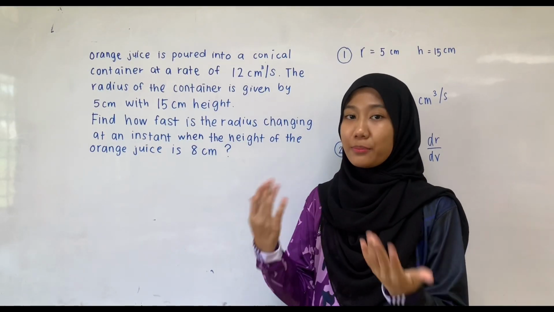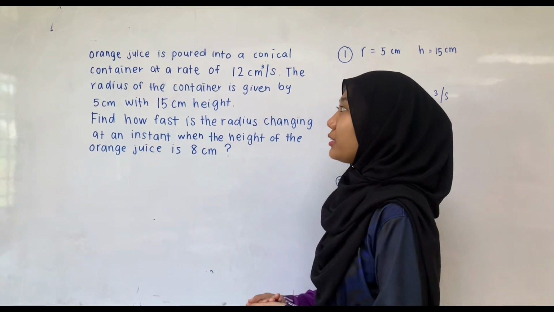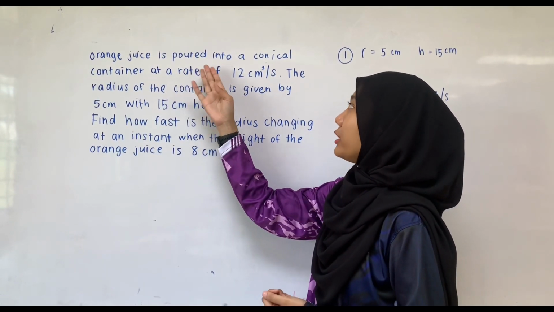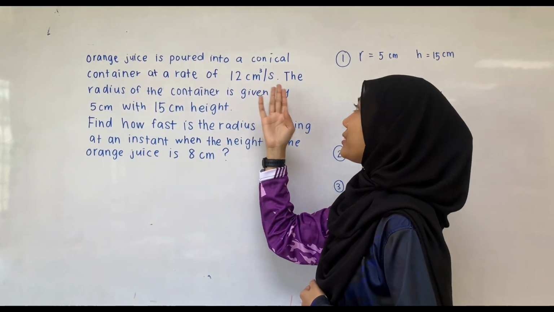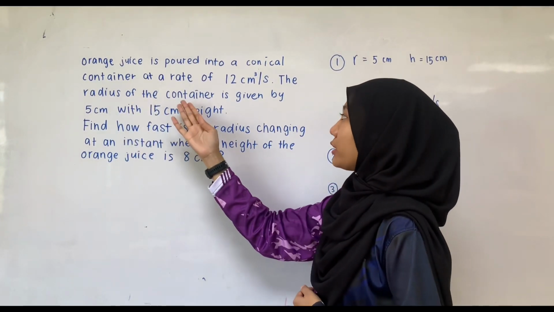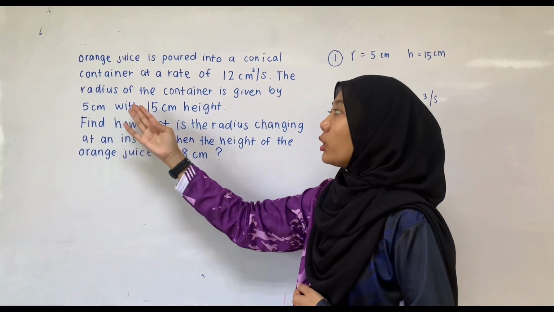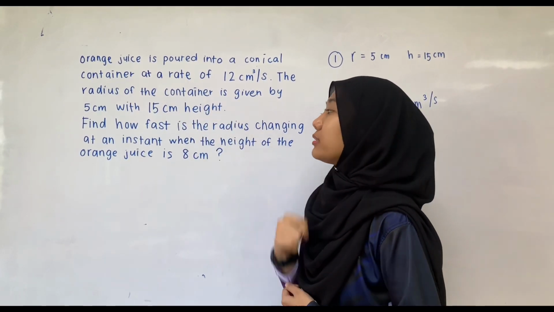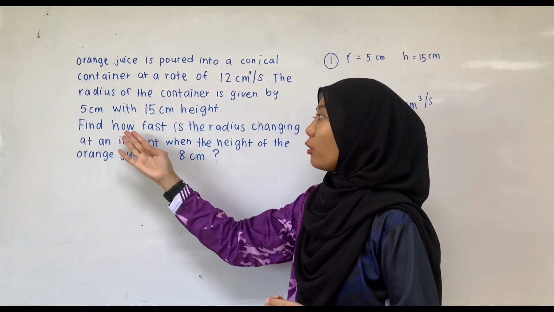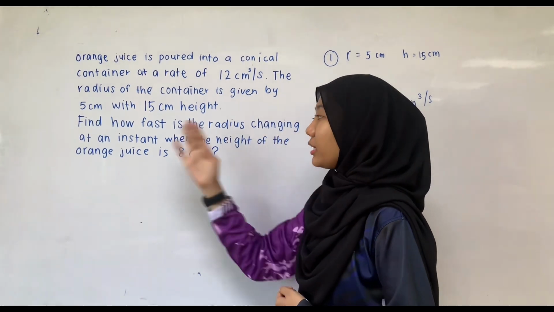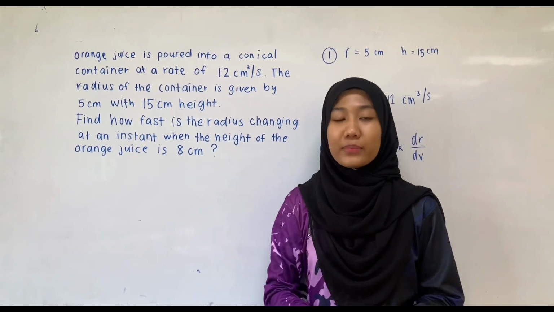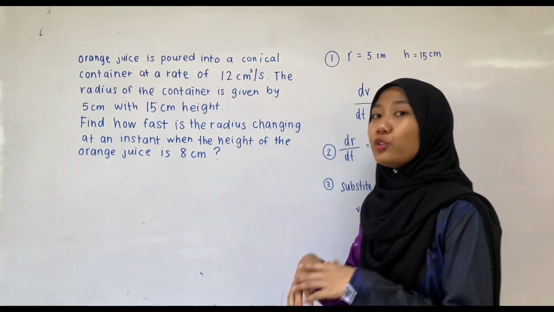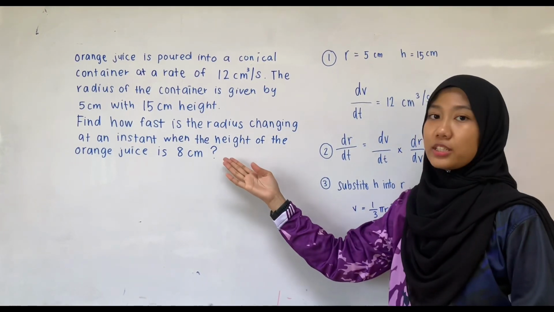For the example question, orange juice is poured into a conical container at a rate of 12 cm³ per second. The radius of the container is given as 5 cm with 15 cm height. We want to find how fast the radius is changing at an instant when the height of the orange juice is 8 cm. First step, we have to extract the information from the question.